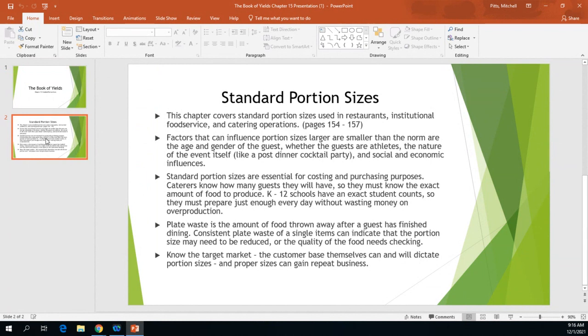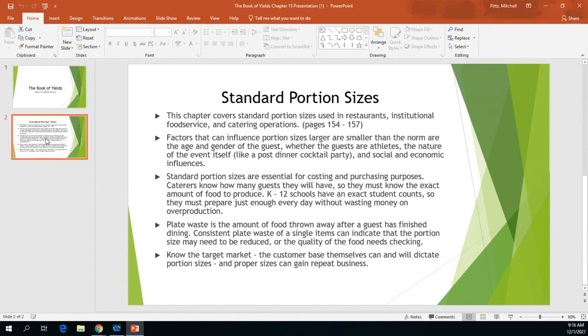This can be age, the demographic of your guest, whether athletes, males, females, also the affluent versus the less affluent. All these things go into the portion size that you may give your guests.